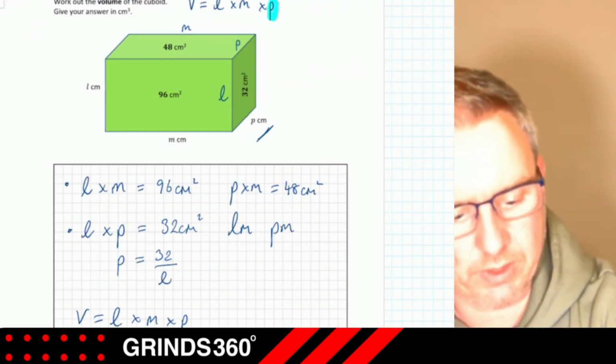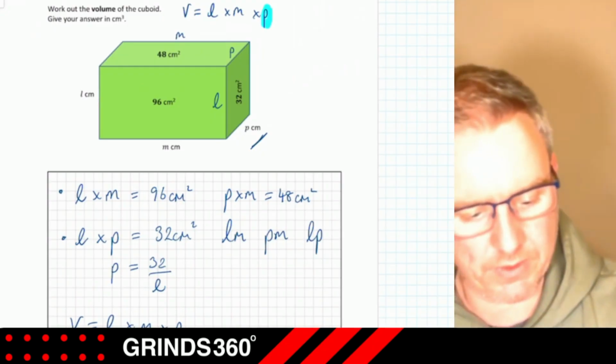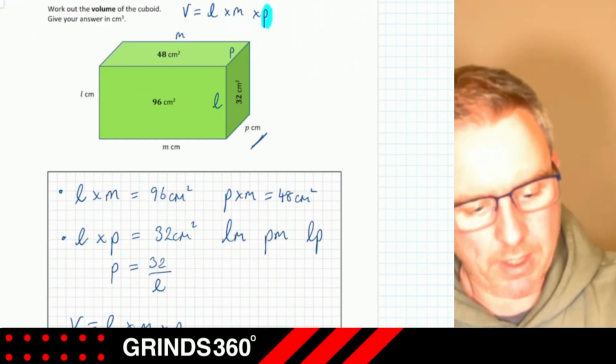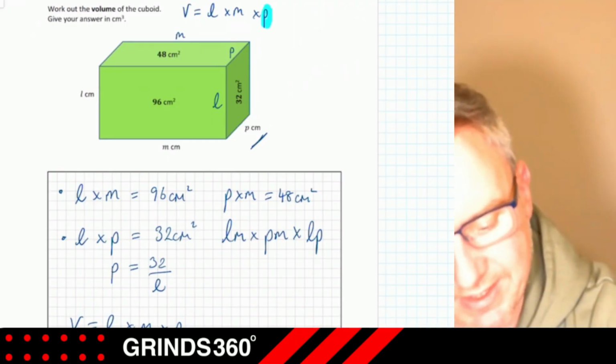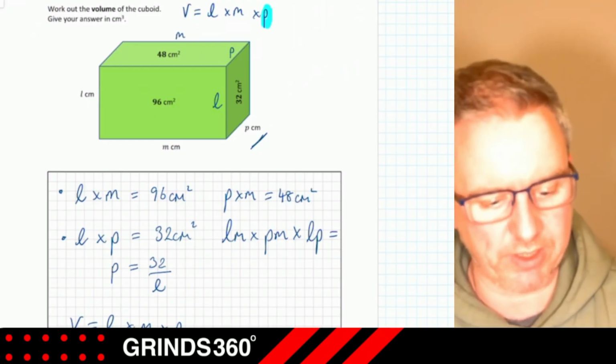And then we also had LP. So we had LM, LP, and PM. So what we could have done here, and this was rules of indices, is actually what they were looking at here. And this is what made it really tricky for students.